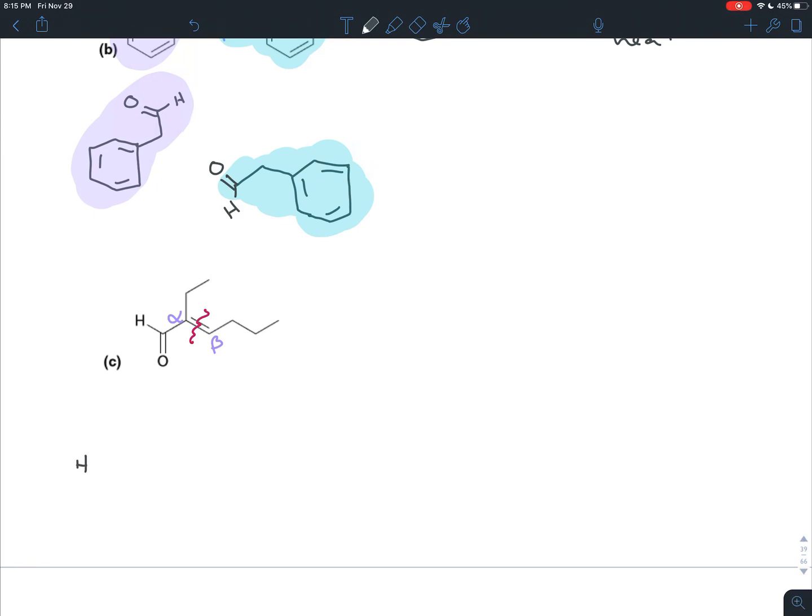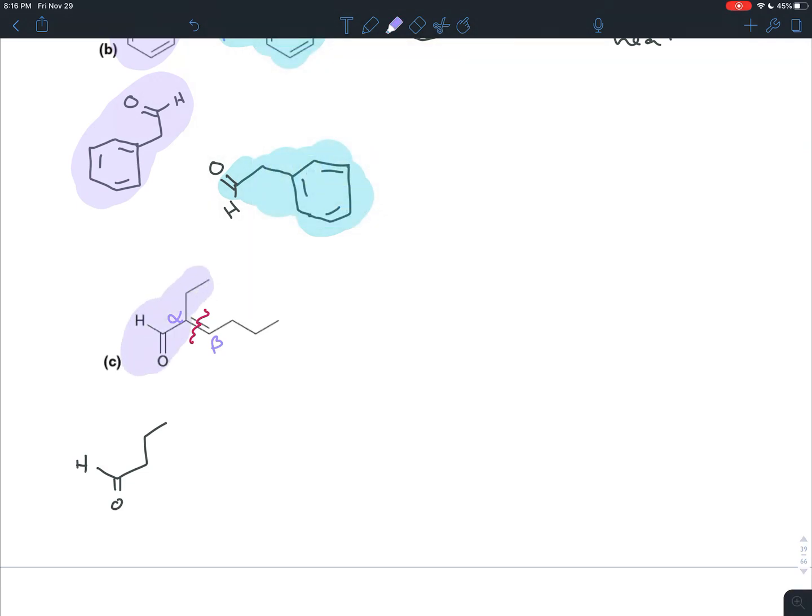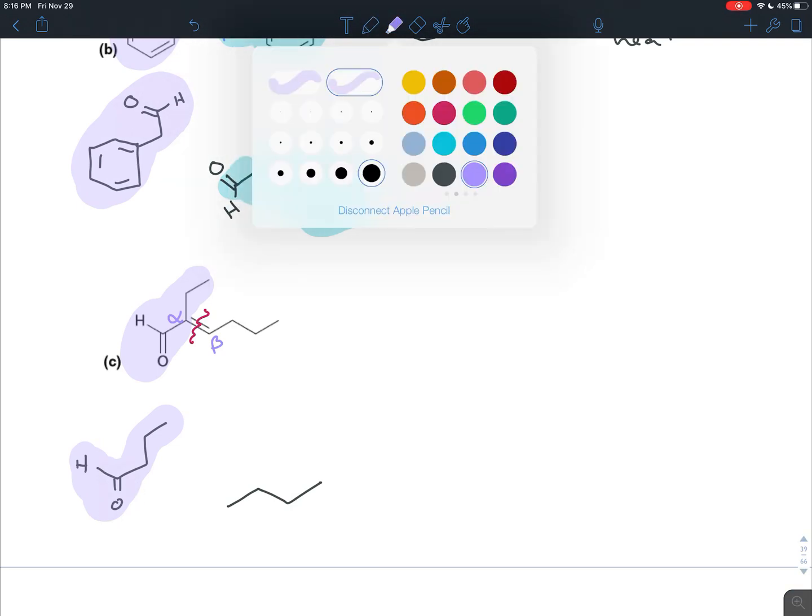So on the left side, we'll have this aldehyde. On the right side, we'll have 1, 2, 3, 4 carbons here, and one of these has a carbonyl, the other one does not.